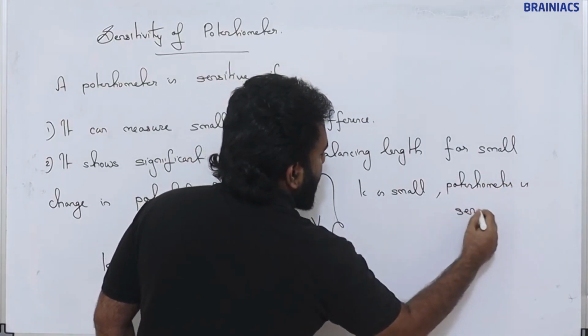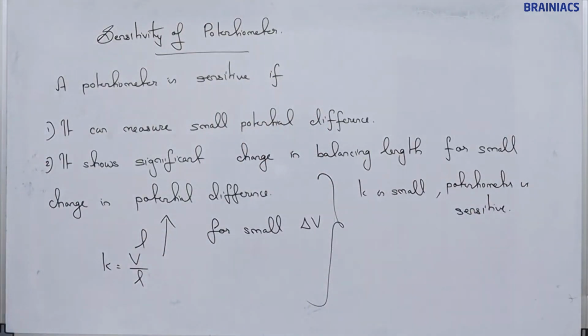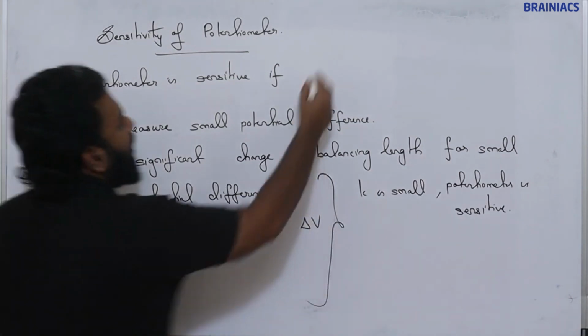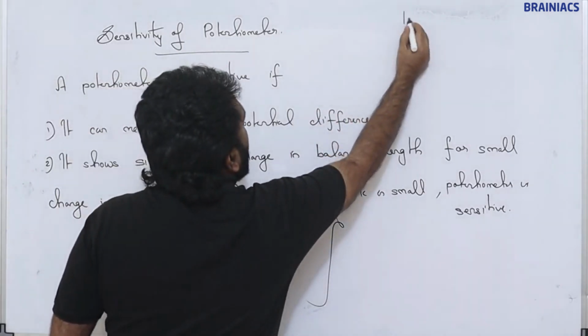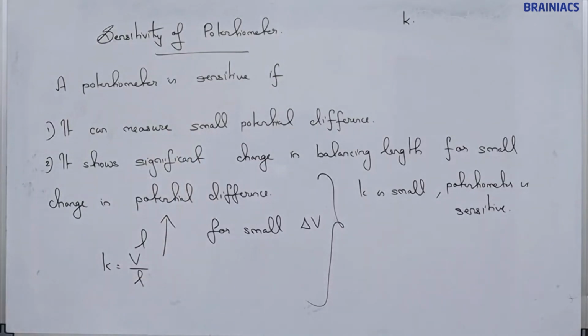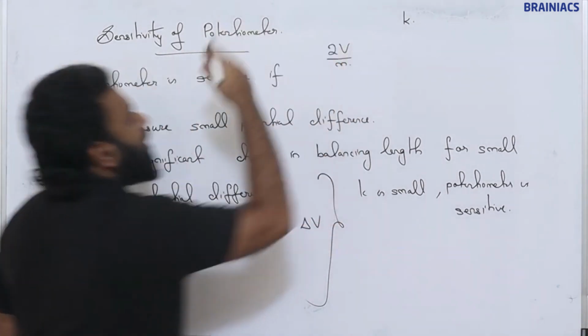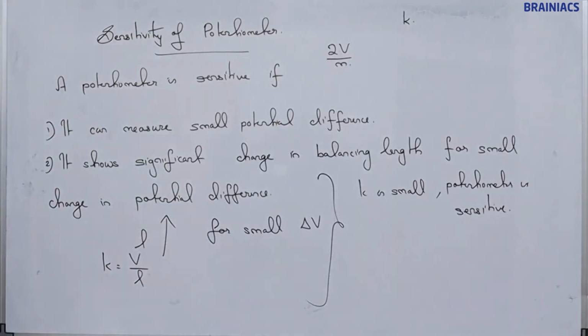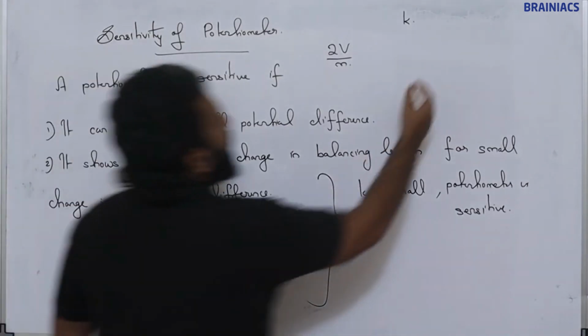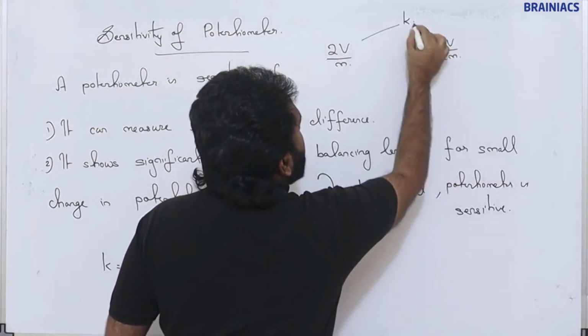For K, I am showing two types of sensitivity. Say, for example, 2 volt per meter is one thing, and another thing is 2 volt per centimeter. Two values of K.